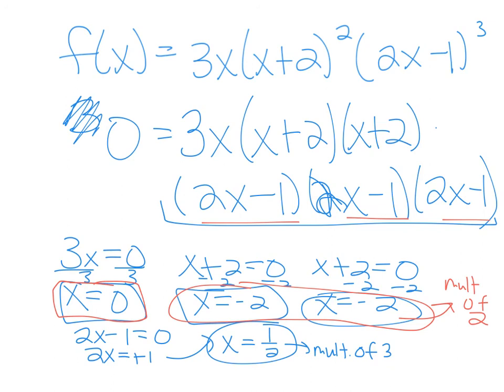So looking at the answers from the multiple choice, we would get an answer of A, because that is the response that said our zeros were x equals 0, x equals negative 2, and x equals 1/2. And negative 2 had a multiplicity of 2, and 1/2 has a multiplicity of 3.